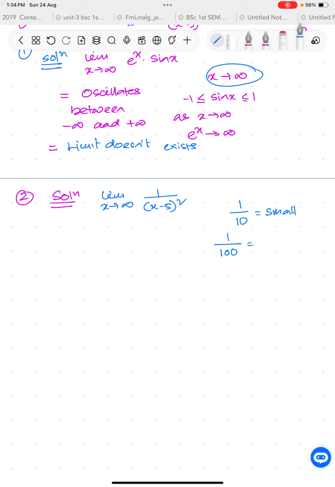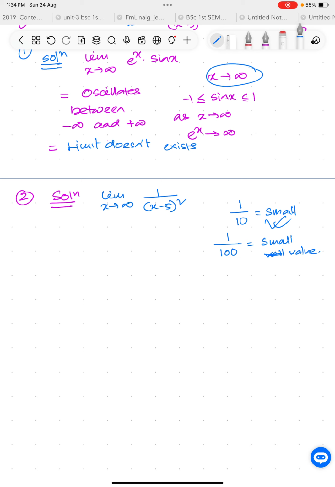That means this will again give you another small value, and this time we are going to get a value that is smaller than the previous small value.